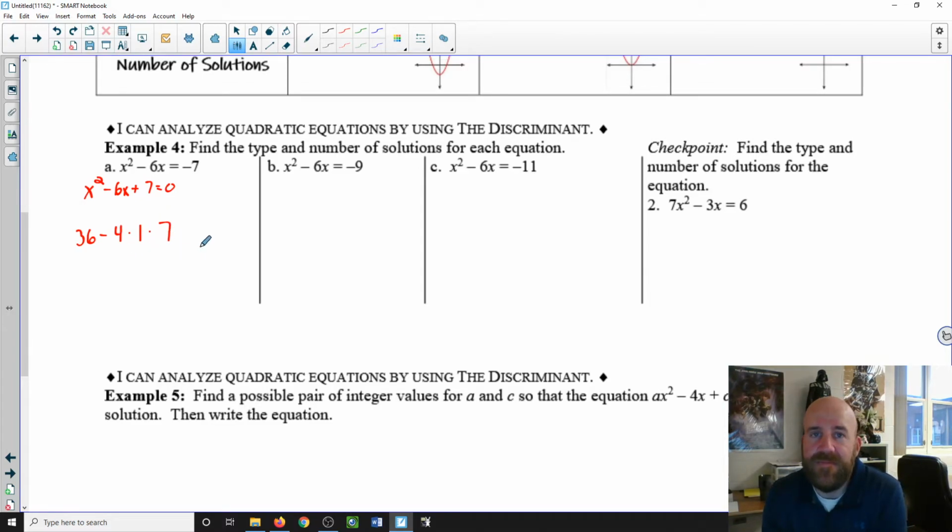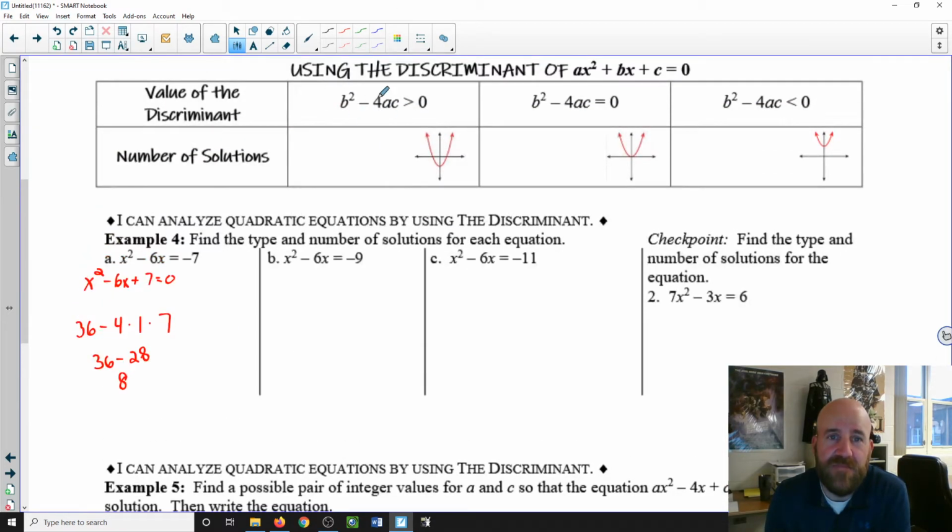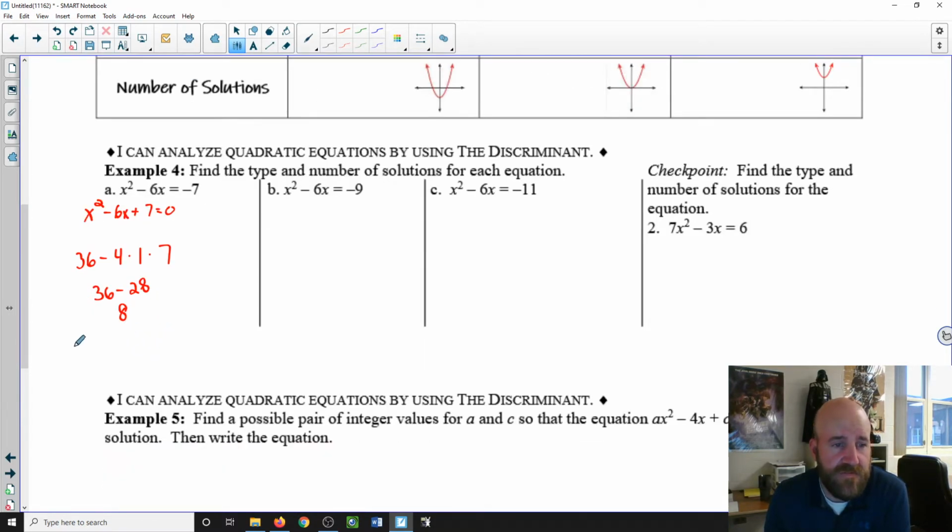So 4 times 1 times 7 should be 28. 36 minus 28 is 8. So this is a positive number, so that means we're in this first situation here. So above 0, that means we have 2 real solutions.